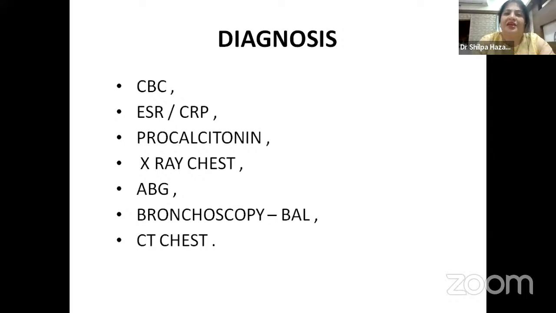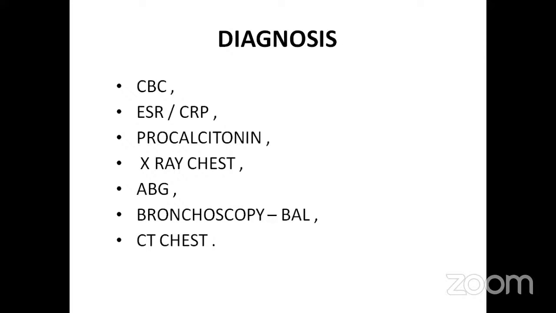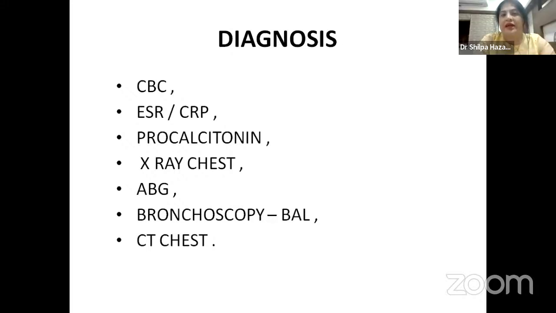So what investigations can one do for diagnosing? We can do a complete blood count, but that would be normal in the initial stages of chemical pneumonia. The complete blood count will be altered later if there is a secondary bacterial infection, or if it's a primary bacterial pneumonia. Even though it's aspiration, there would be leukocytosis if there is a superimposed bacterial infection.